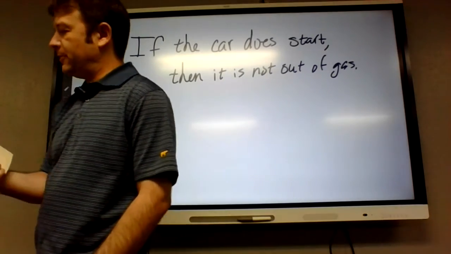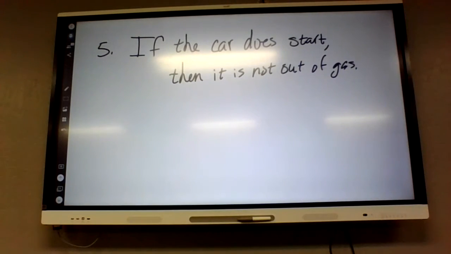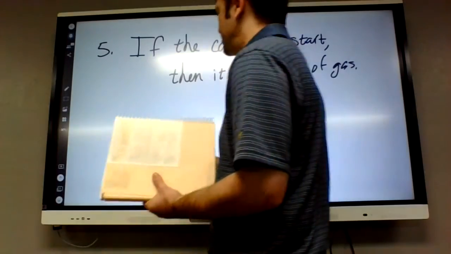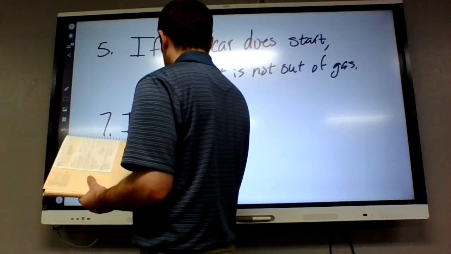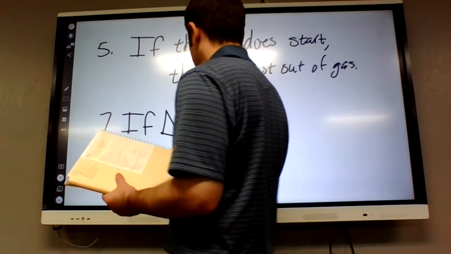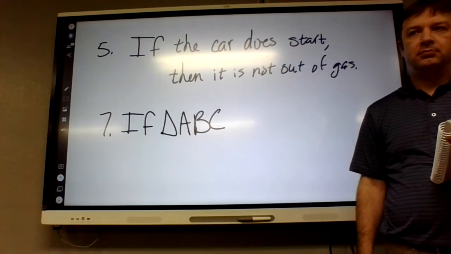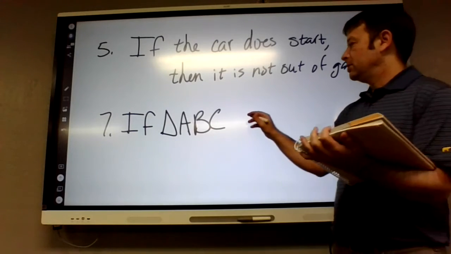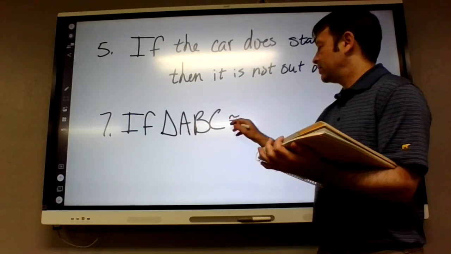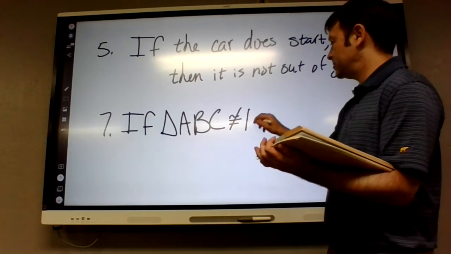Okay, number 7, if angle 1 is congruent to angle 3, then triangle ABC is congruent to triangle DEF. So if triangle ABC is not congruent, you can just put the congruent symbol with the not symbol, is not congruent to triangle DEF.